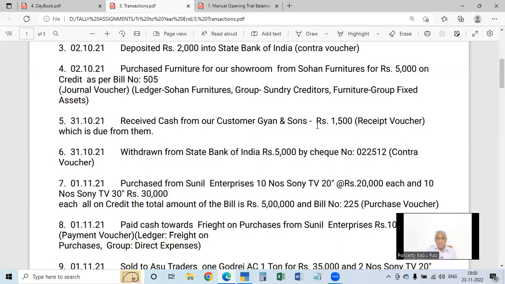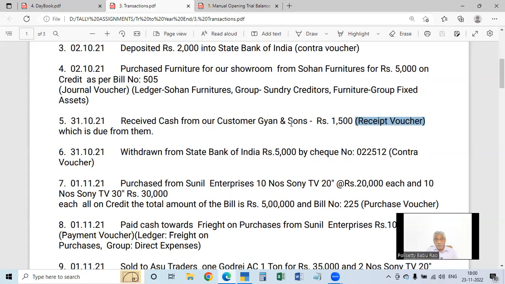Received money means we have to enter it in the receipt voucher. Credit Gyan and Sons, debit cash account, 1,500 rupees.